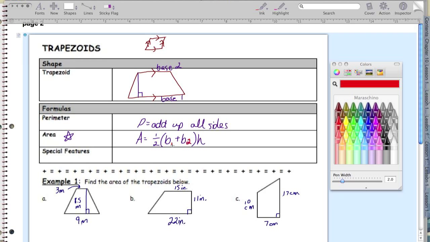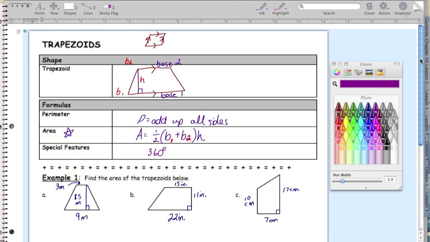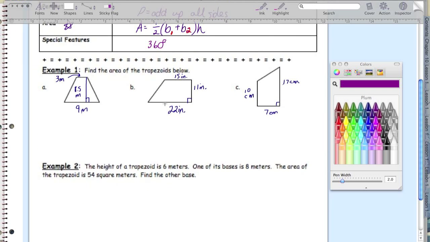So this is just notation saying this is base 1, the bottom, and this is base 2, the top. So base 1 is down here, base 2 is up here. This is my height. And the only other thing is 1/2 in front. So we're going to multiply all of these, obviously following order of operations. Okay, and then our special feature, 360 degrees to our triangle, or I'm sorry, a trapezoid, and we're on our way. Let's try a couple problems.